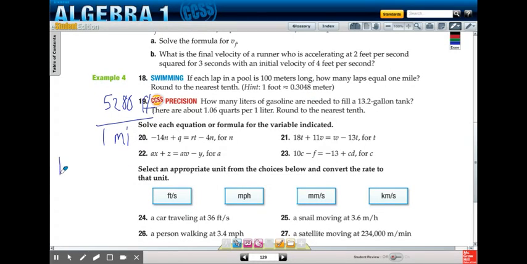So if I take 100 meters and divide it by 0.3048 meters.